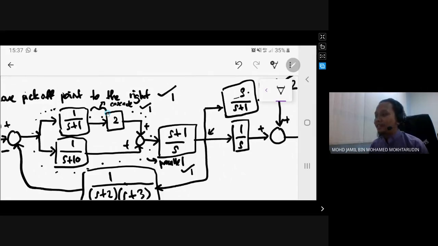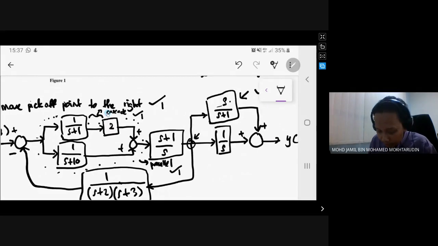If you move to the left, your score is not straight away 0. But I think you have to give marks based on your own judgment, because if I mark the question, I will see the next step first. Let's say you move this to the left instead. What I will do is check for cascade, if you have parallel, the other things first.